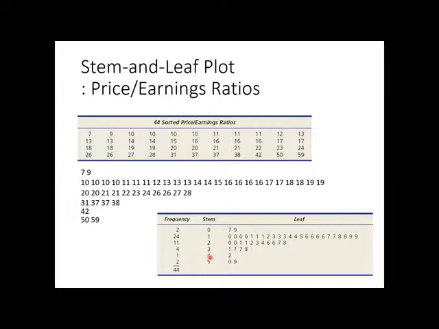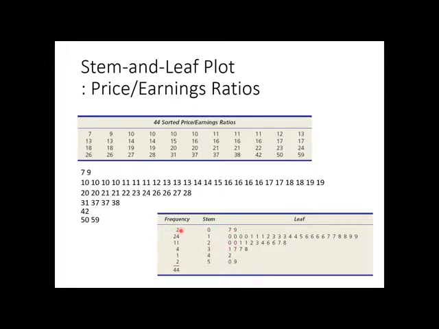Then 4: we have only one data point which starts with 4, so here is 4 and 2, which is 42. And 5 with 0 and 9 is 50 and 59. If you write it like this, we say that this graph, this table, is called a stem and leaf plot.